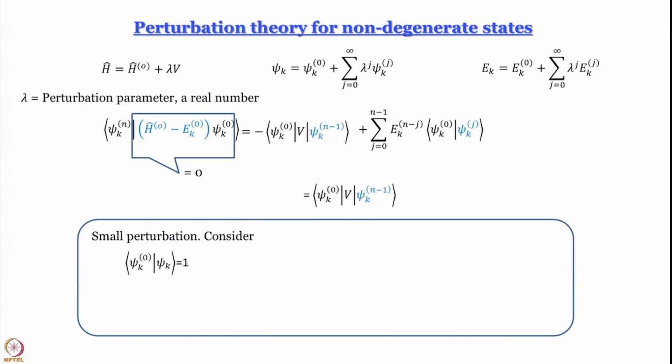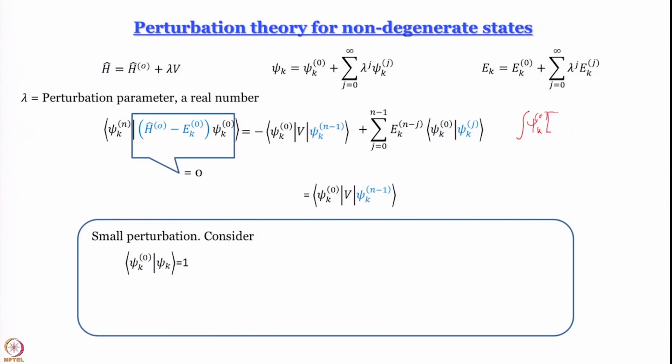Does this make sense? What I am saying is integral psi k 0th, for the time being I will be lazy and not write the star. If it is complex we have to write the star, let us not worry about it.